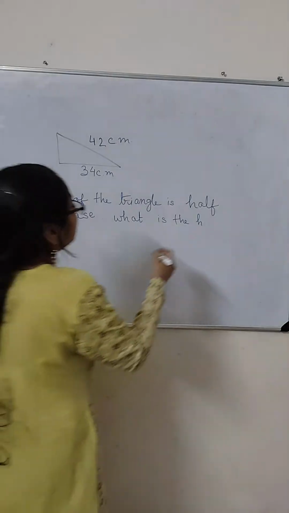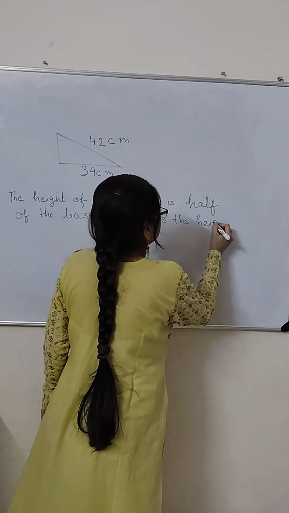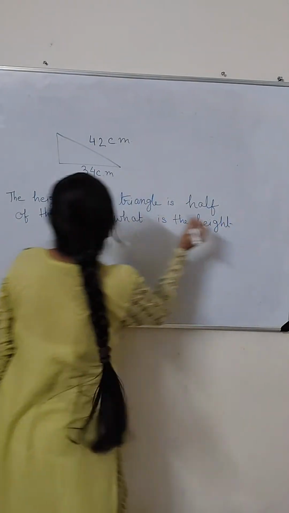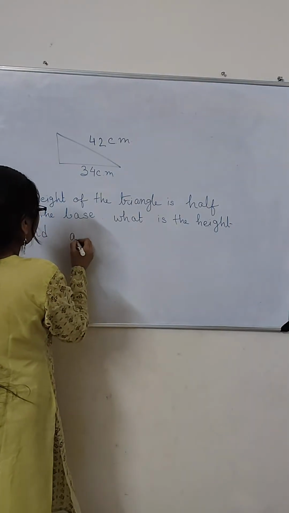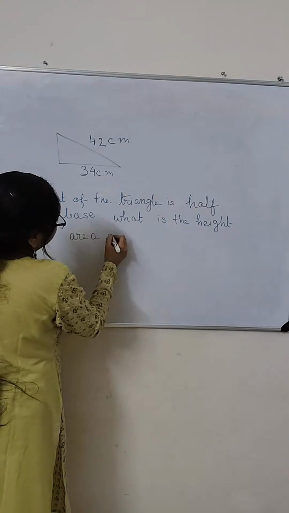What is the height? And the area of the triangle?